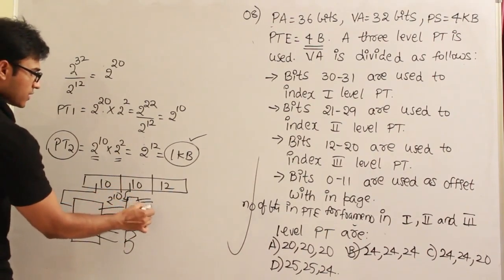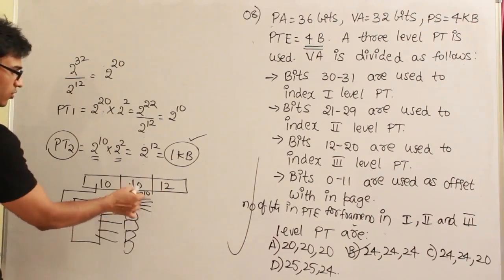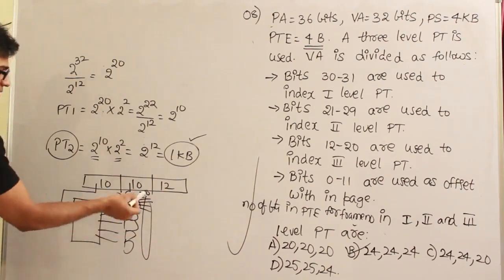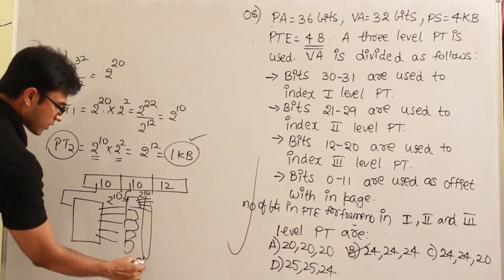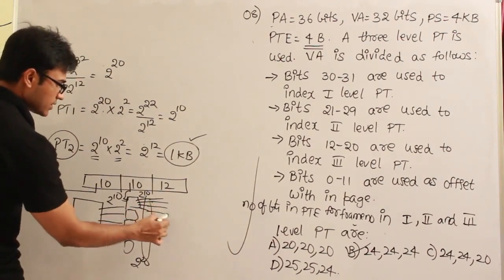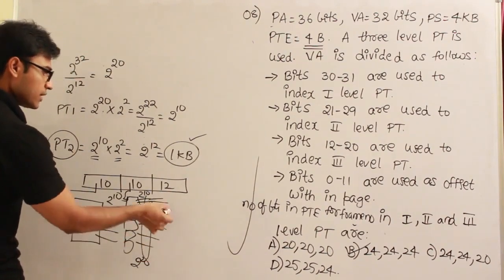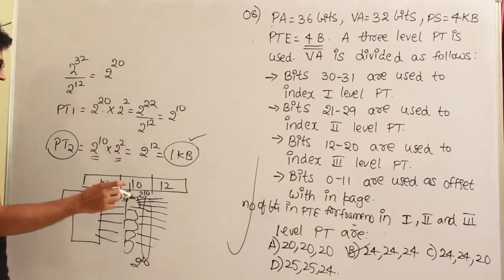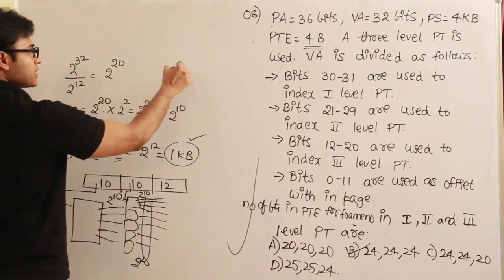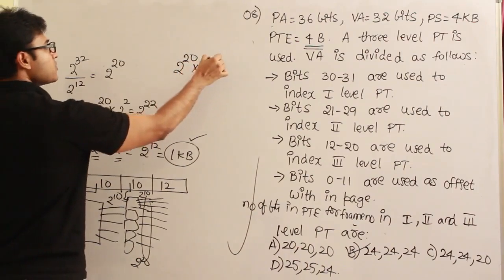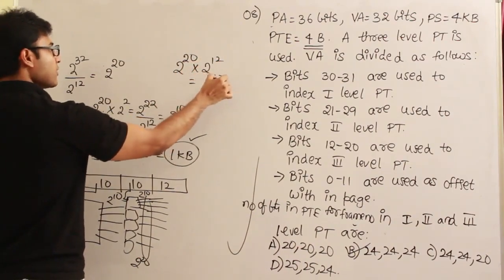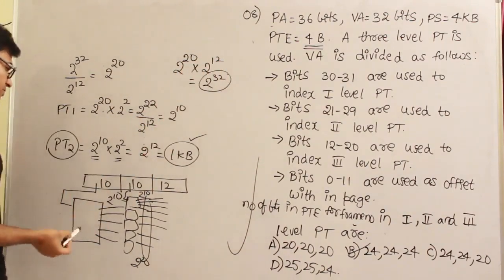So totally, 2 power 10 into 2 power 10, which is 2 power 20 indices, will come out. Each one will represent one page. So finally, how many pages are present in the process? 2 power 20 pages. And what is the size of each page? 2 power 12, which gives 2 power 32 as the virtual address space.